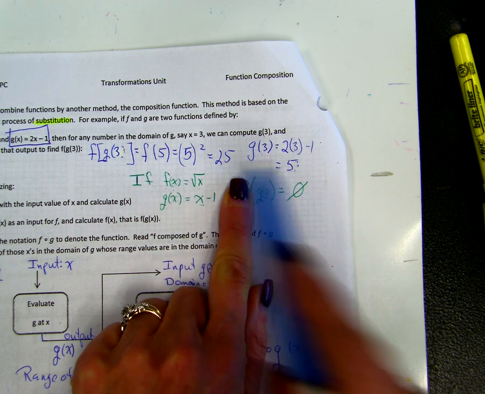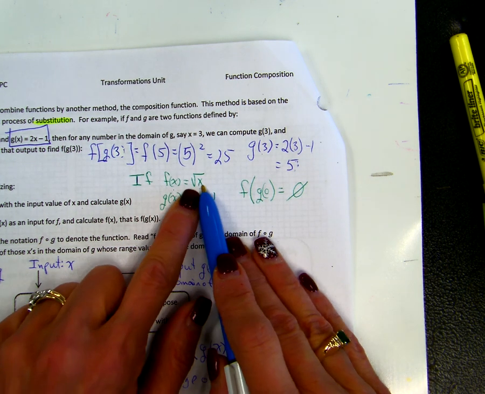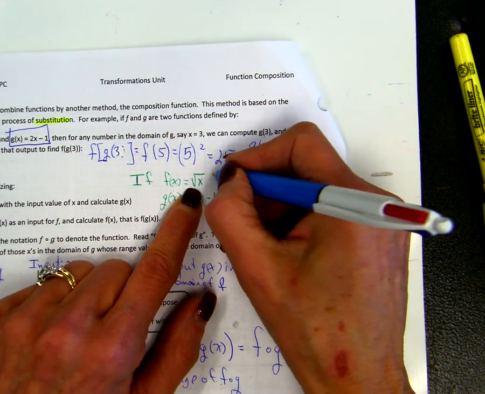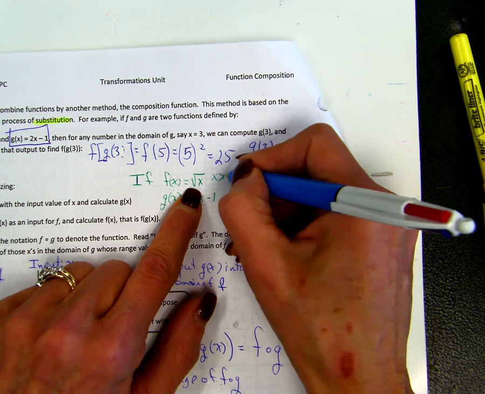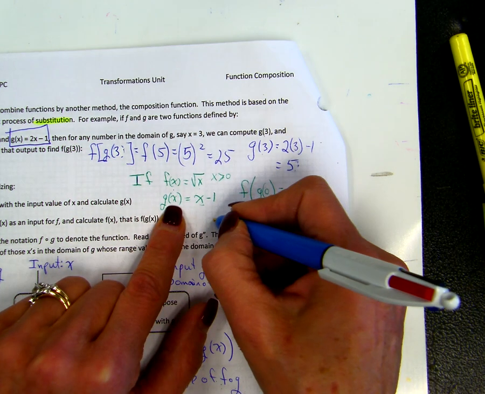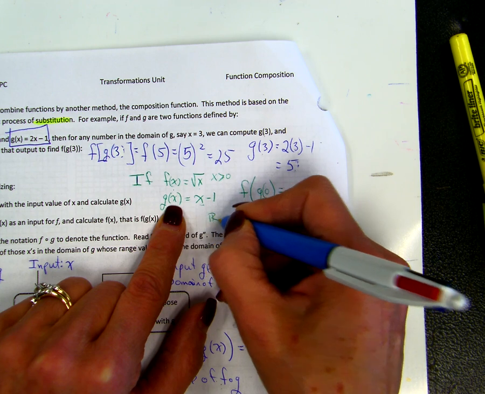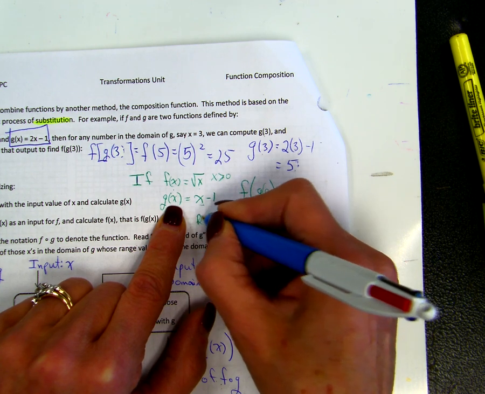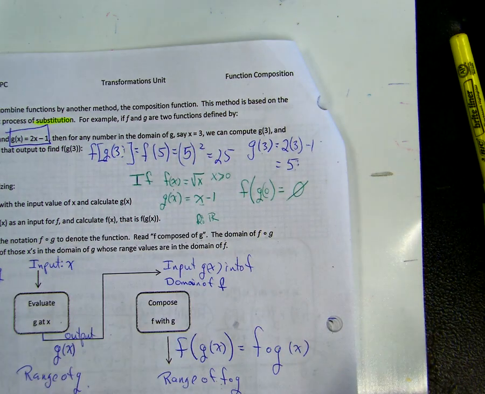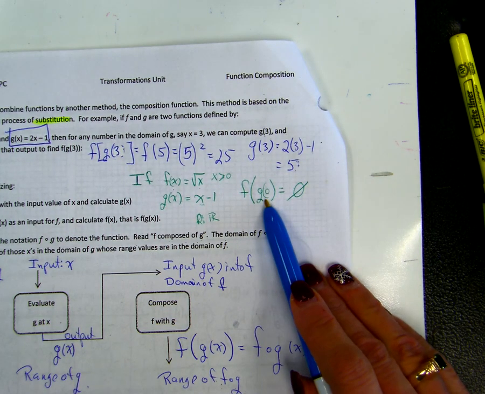So for f, what's the domain of f? x bigger than or equal to 0. What's the domain of g? All reals. What would be our combined domain for f composed of g?